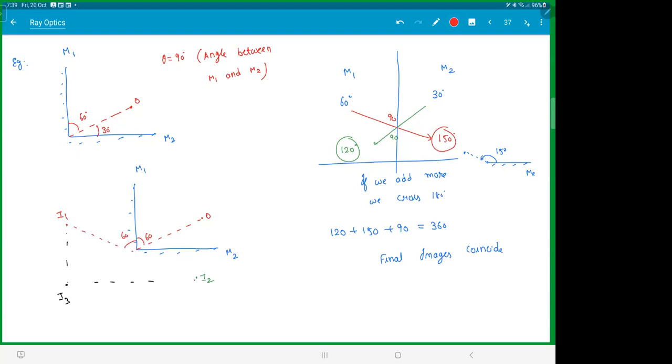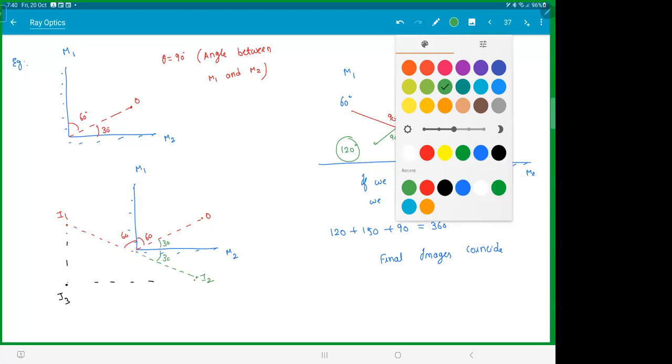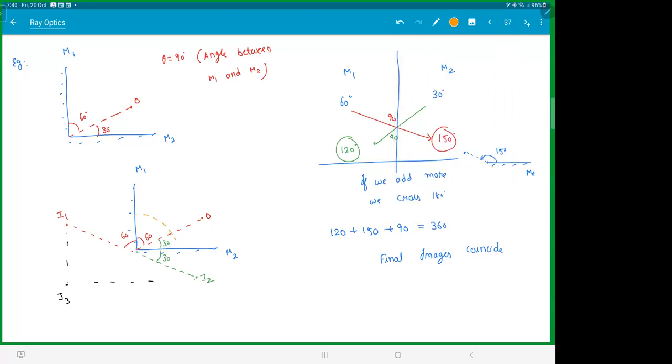60, 60. This was 30. So see, if you add all these things, you get 150. If you add all this, you'll get 60 plus 30 plus 30, 120. I hope you're able to see those angles. This whole angle is 120.